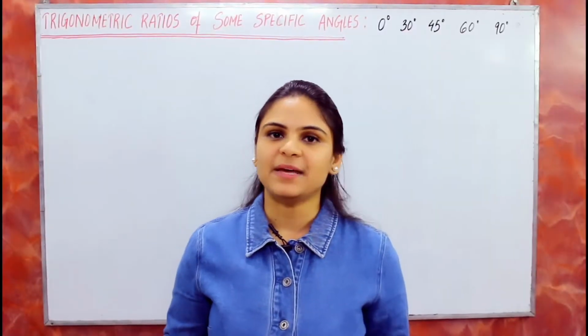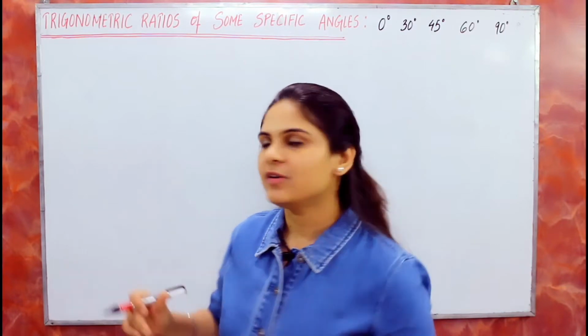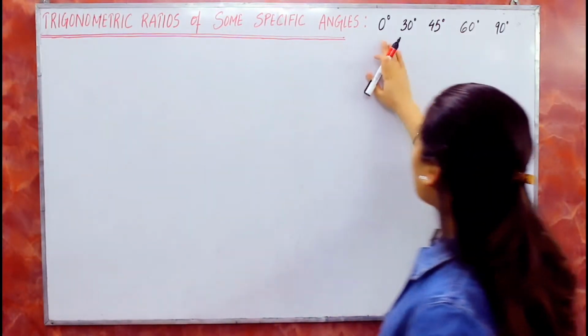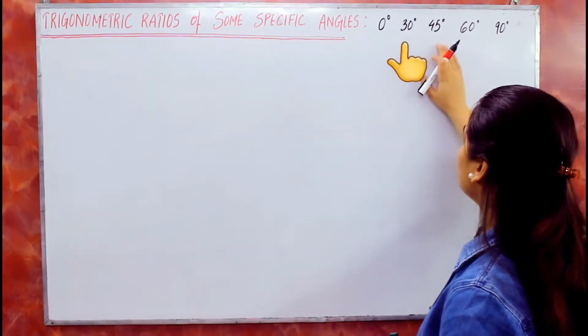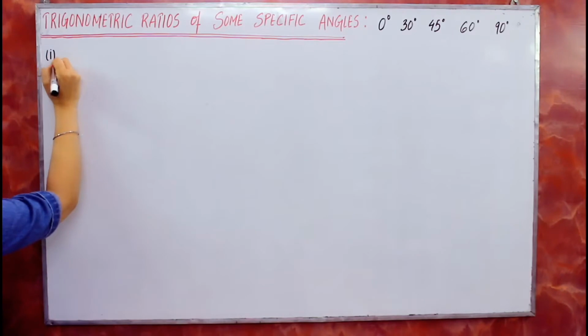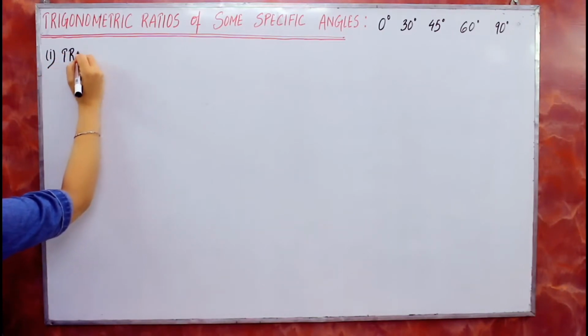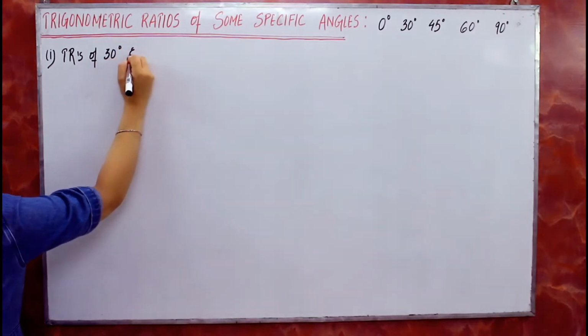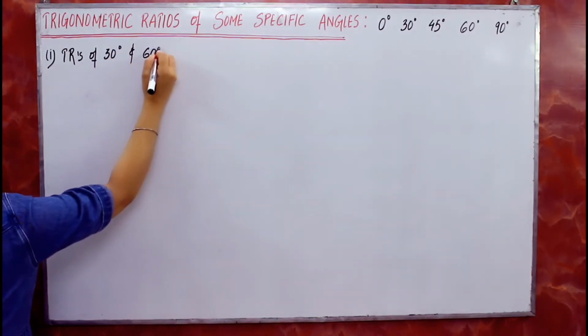By using basic knowledge of geometry, we will find these values. We will start with trigonometric ratios of 30 degree and 60 degree first.